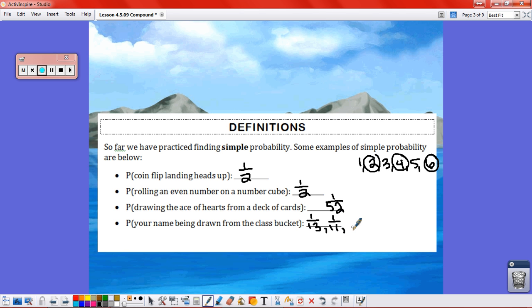In 4th period there are 30, but one of them is out of school for a few months, so we'll call it 29, 1 out of 29. 5th period has 31, 1 out of 31, and 6th period has 28, 1 out of 28. So it's just the number of students in class on the bottom, and you're looking for one name, your specific name, and that goes on top.